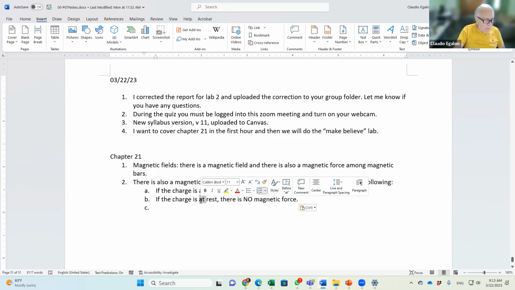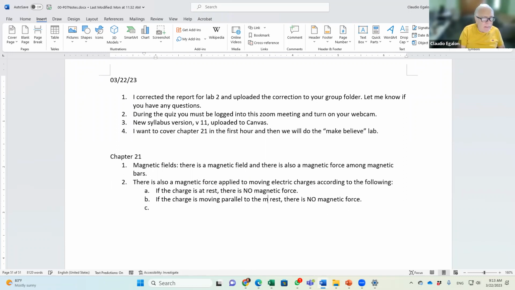If the charge is moving parallel to the magnetic field lines, there is no magnetic force either.